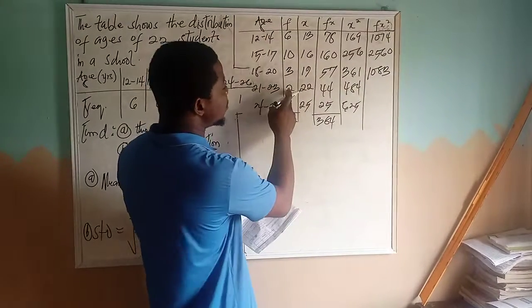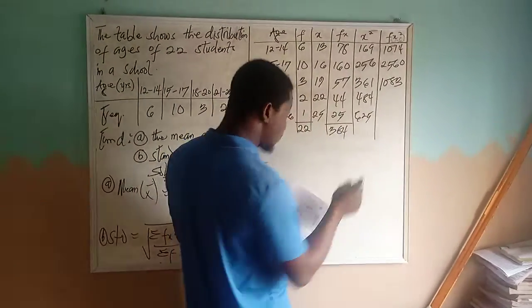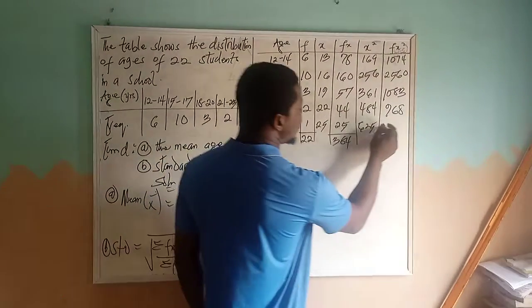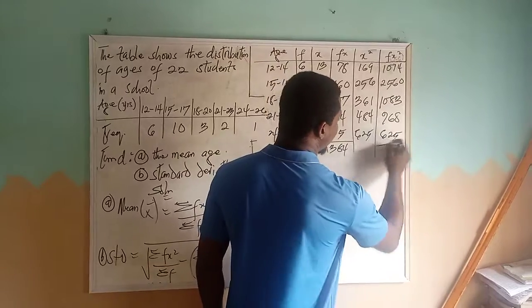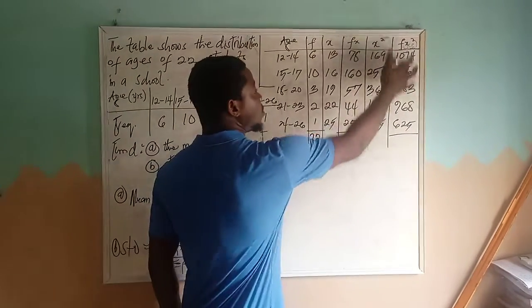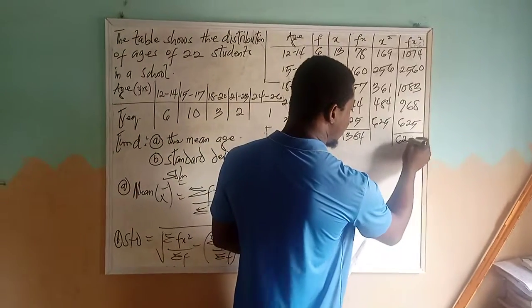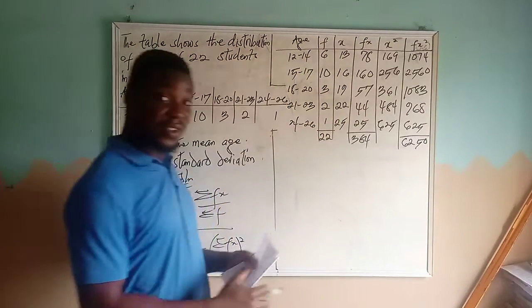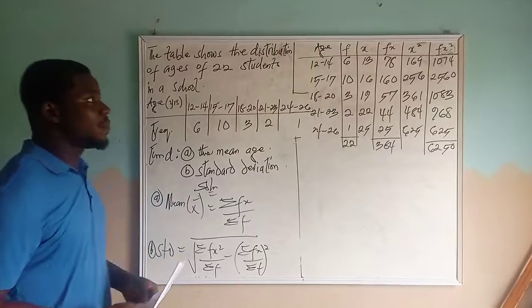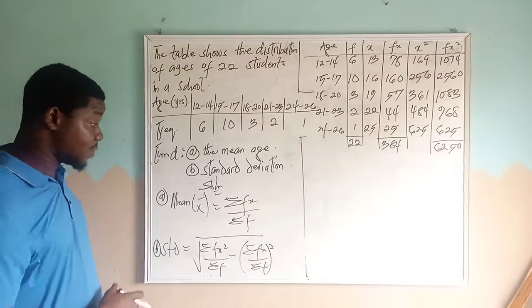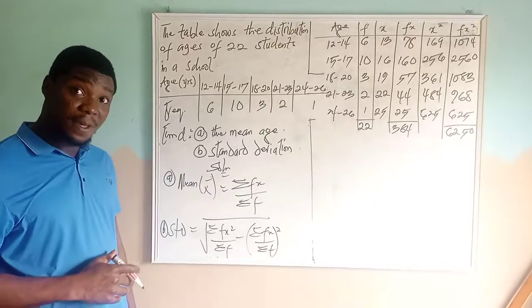And then when you use 2 to multiply 484, you are going to have 968. And of course, 1 times 625, you have 625. So we need to as well total this particular column, fx squared. And when you do the total, you have 6250. So we have been able to present this data in a tabular form, so it becomes very easy for us to obtain our mean and our standard deviation.